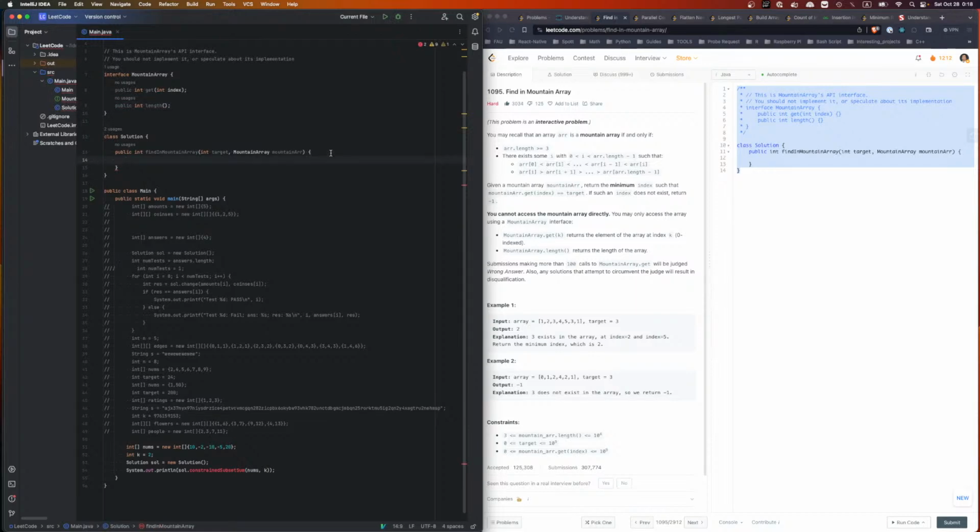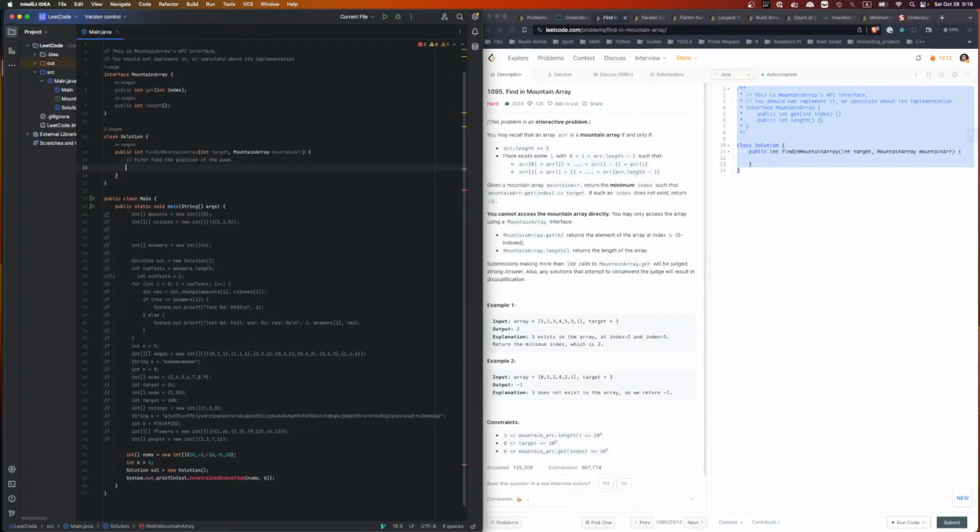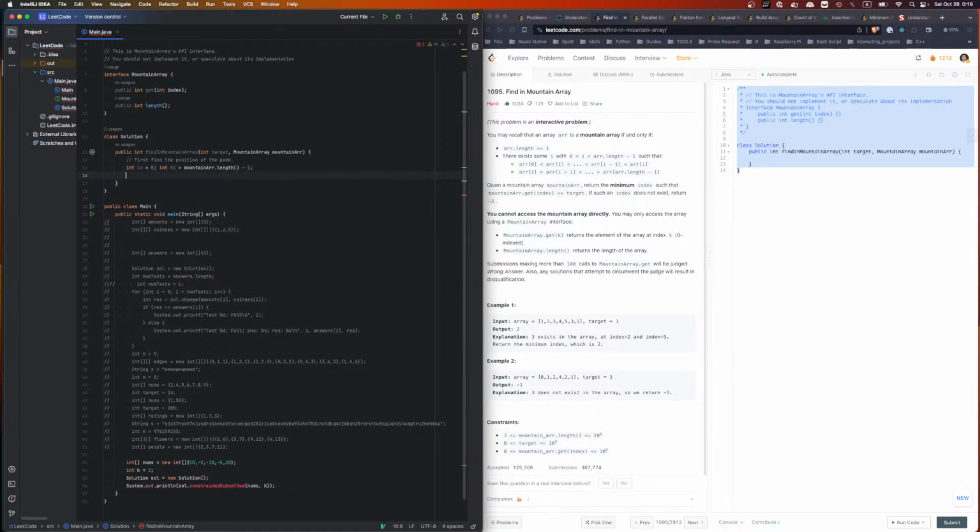Okay. So first find the position of the peak. Low equal to 0 and high equal to mountain.get length minus 1.